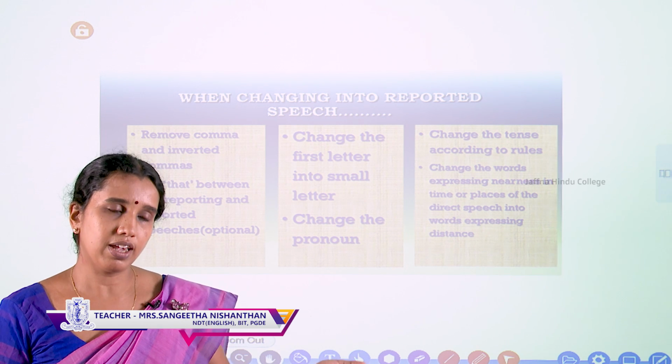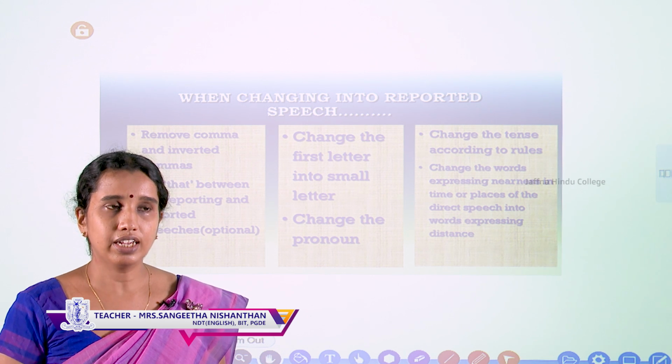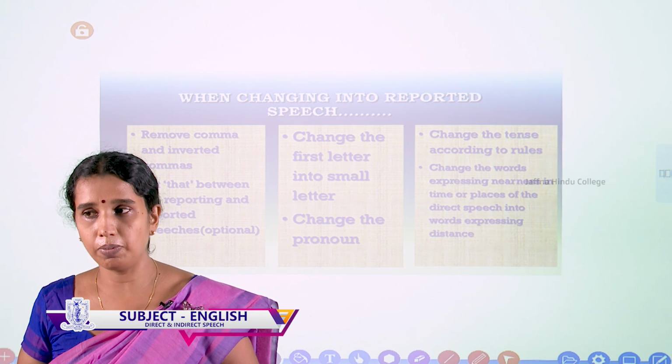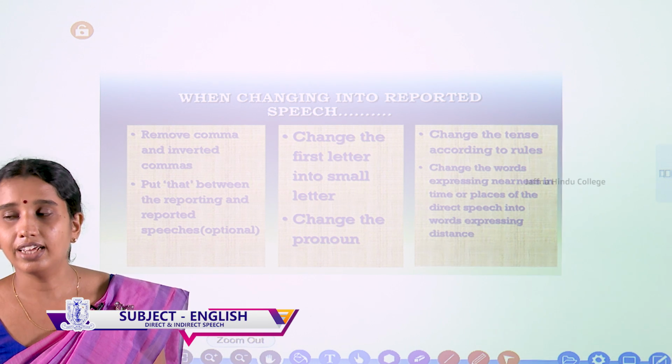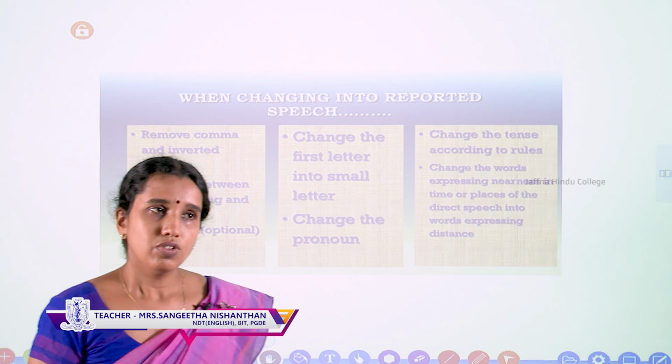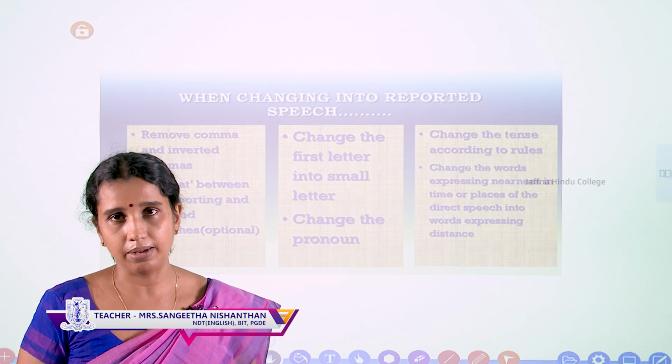The speaker speaks at a different time in a different place, and the listener carries this message to a different person, to a different place, at a different time. So we don't know whether the statement is true all the time.